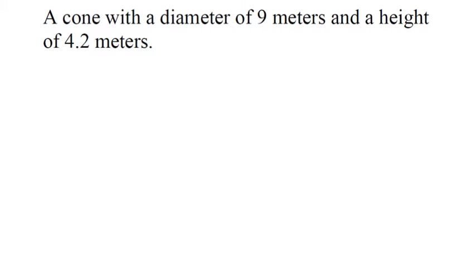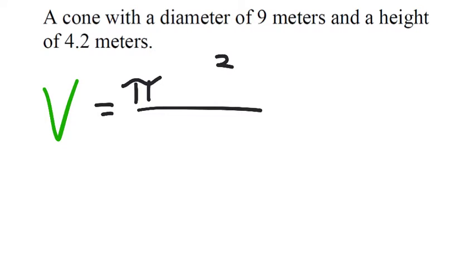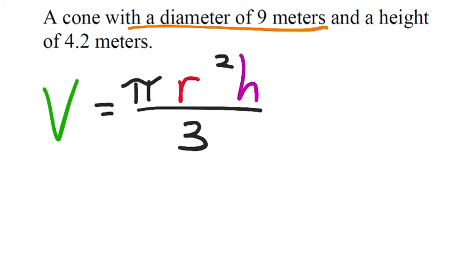A cone with a diameter of 9 meters and a height of 4.2 meters. Okay, well, no problem. Still a volume formula for cones specifically. Pi times the radius to the power of 2 times the height, all over 3. Well, on this one, they did not give us the radius. They gave us the diameter. No problem.